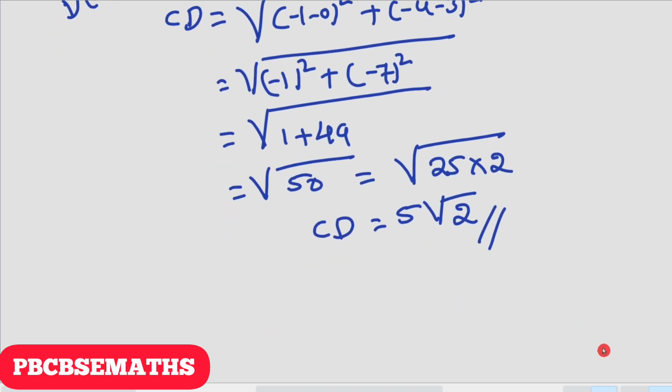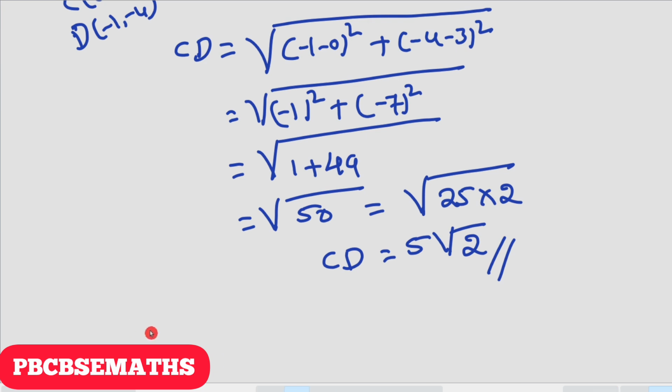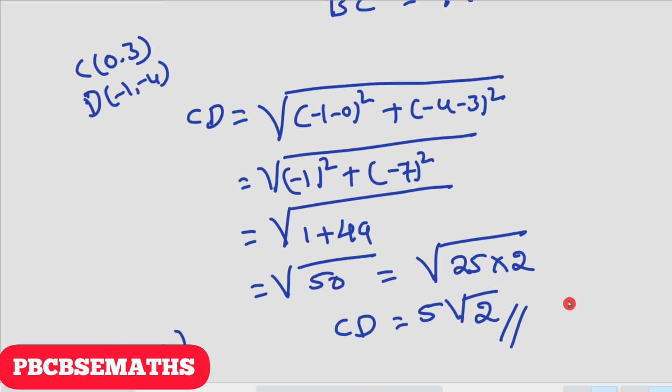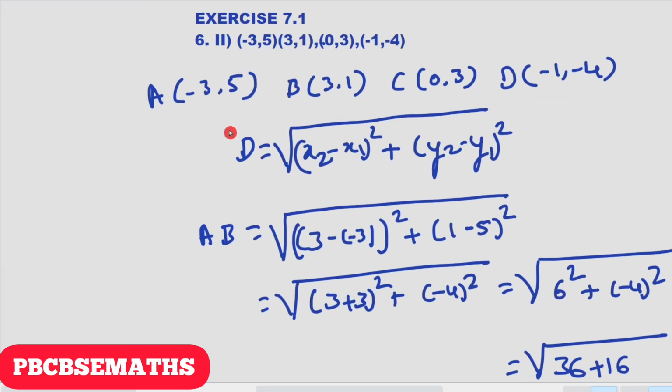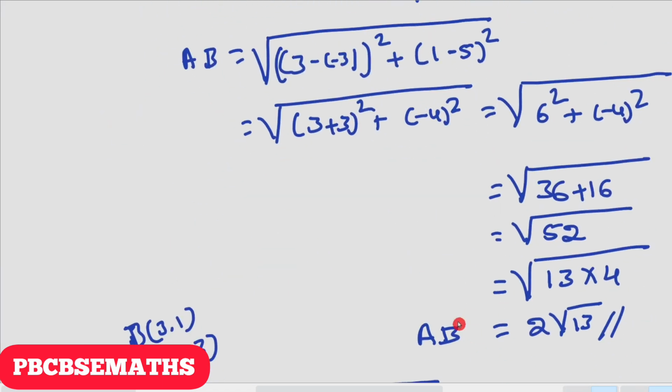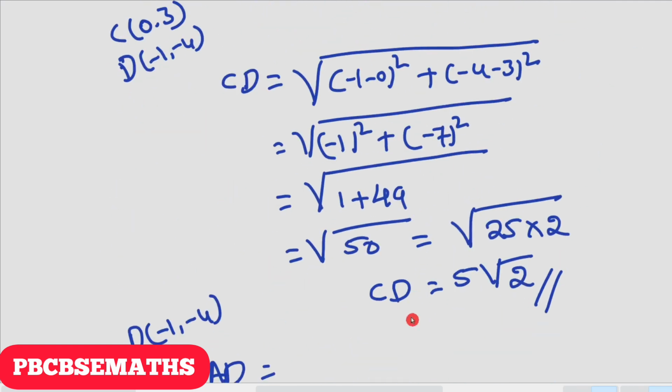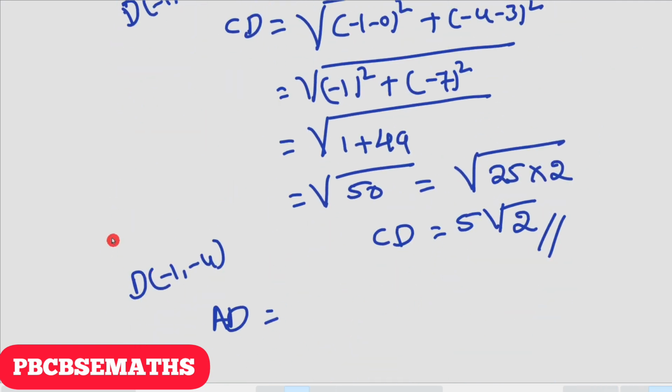At last, let's find the value of AD. Here we have the coordinates of D, which is minus 1 comma minus 4, and let's write the coordinates of point A. So the coordinates of point A are minus 3 comma 5. So A equals minus 3 comma 5.